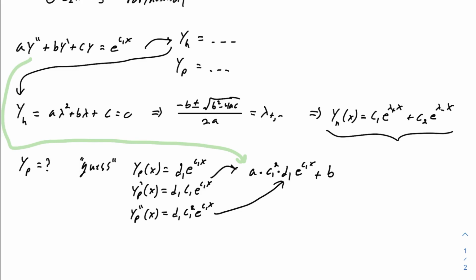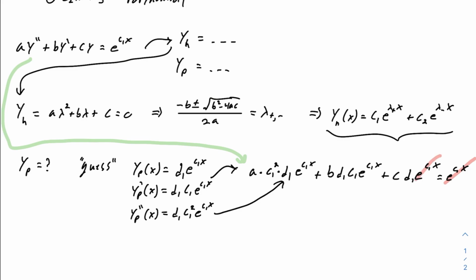So that's going to be d1 c1 e to the c1 x plus c d1 e to the c1 x must equal e to the c1 of x. Okay, so what's really cool is that we can see that all of these cancel out.